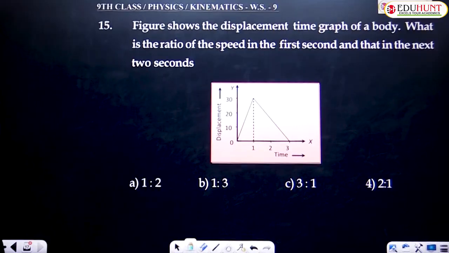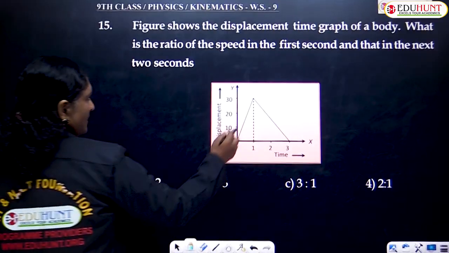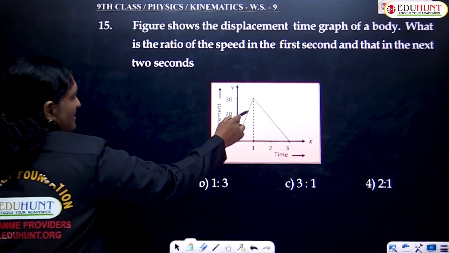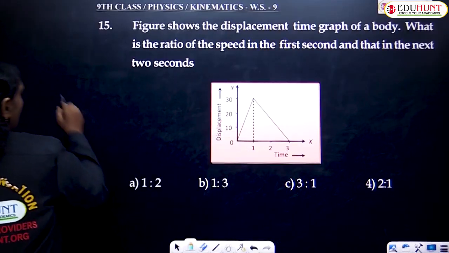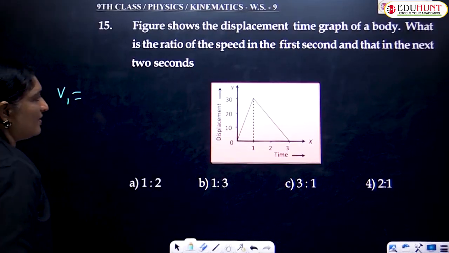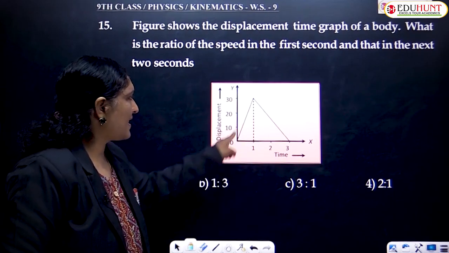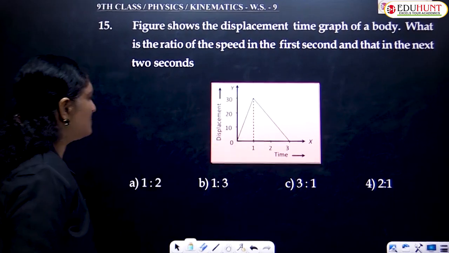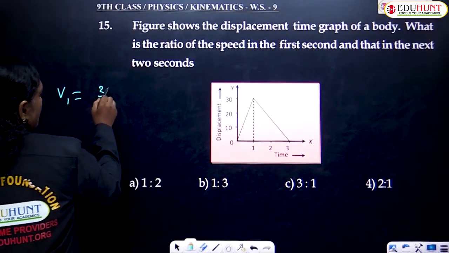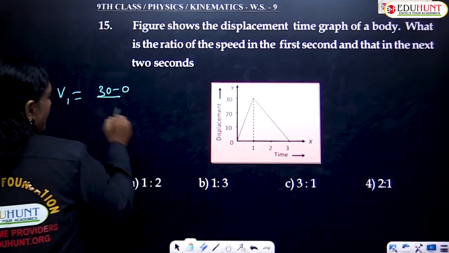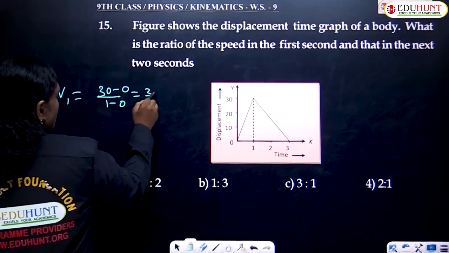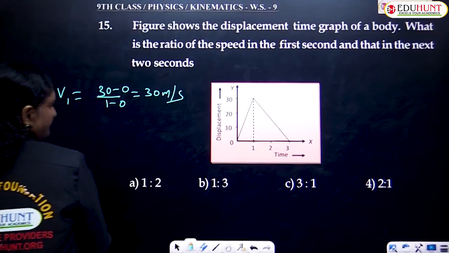If you observe, the speed in the first second, let us consider it V1. The formula for V1 is total displacement by total time. Only this particular triangle, what is the total displacement, children? This is 30 minus 0 by time 1 minus 0, which is 30 meter per second.